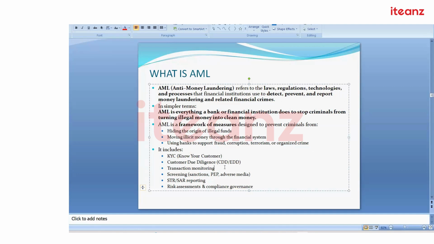So there you are asking for more details. That is called enhanced due diligence. Okay, this all you write. What is customer due diligence, KYC, this whole thing?